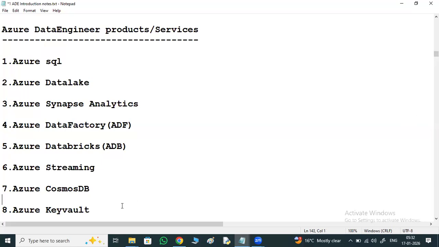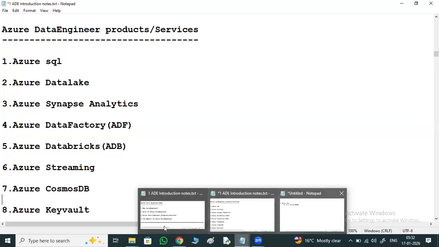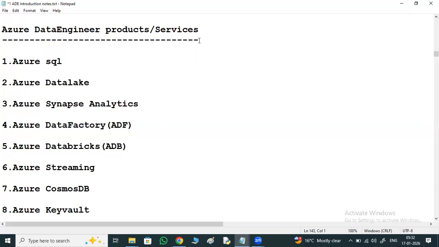Azure Key Vault is for protecting data in the cloud. Okay, these are the main Azure data engineering products.